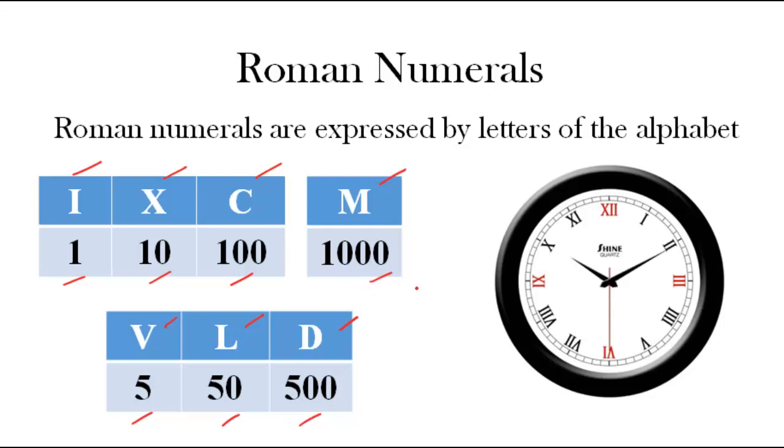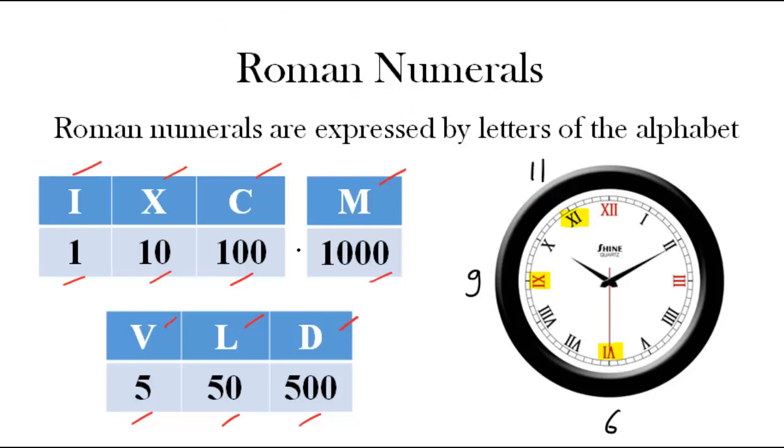You might have seen these numbers on a wall clock, the bigger wall clock, and you might know the numbers which are represented by these letters. For example, this number VI is 6, this number IX is 9, this number XI represents 11.